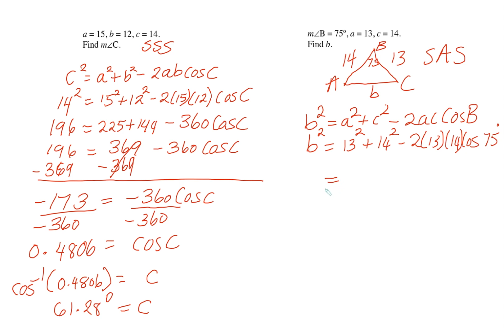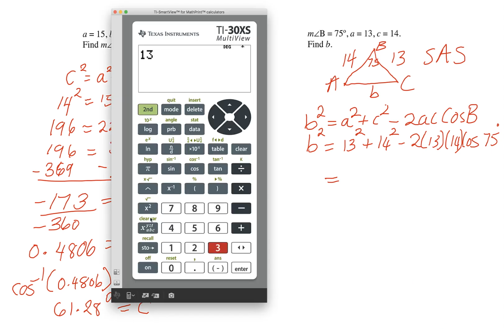Now, I don't know about you, but I'm going to put all of this in the calculator because it's all on the right-hand side. 13 squared plus 14 squared minus 2 times 13 times 14 times cos 75.